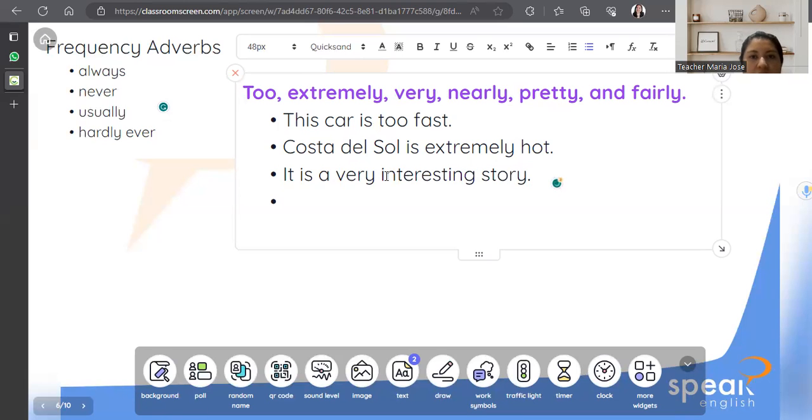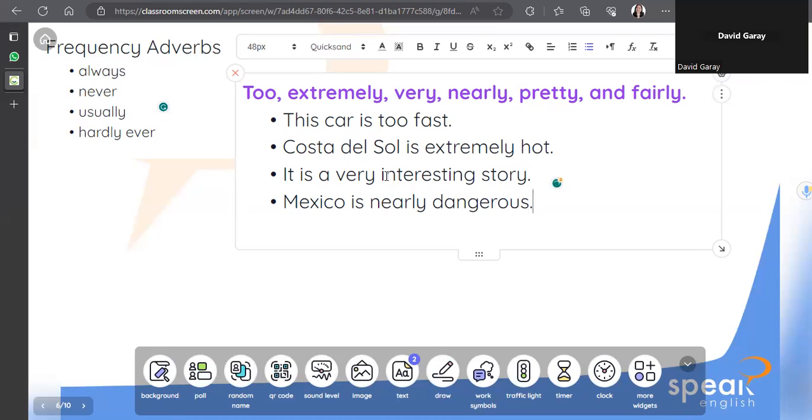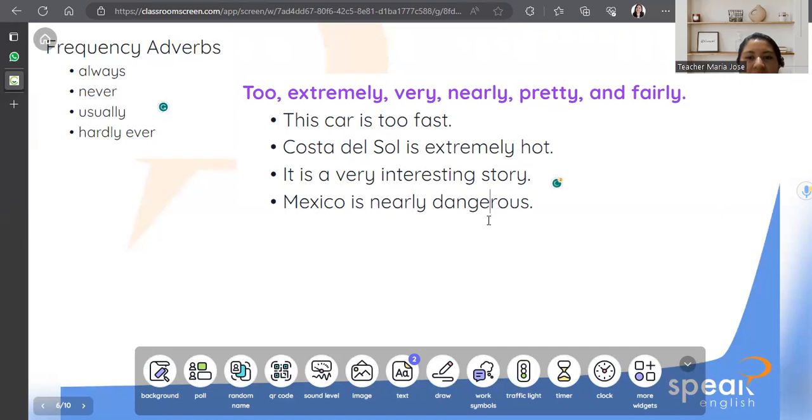Julio, nearly. Mexico is nearly dangerous. Okay. I don't think it's extremely dangerous, not nearly. Yeah, I wouldn't go to Mexico unless someone comes with me.